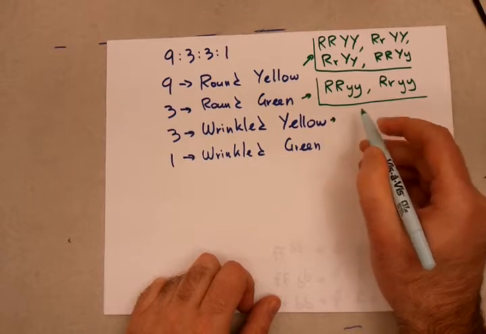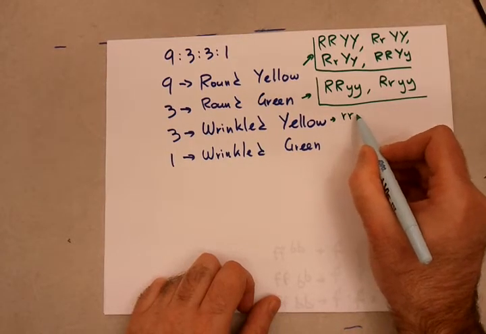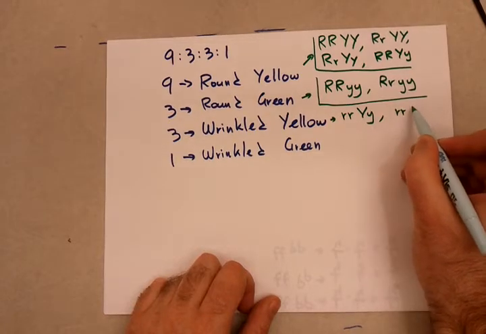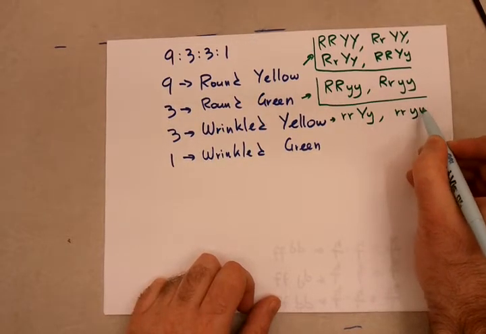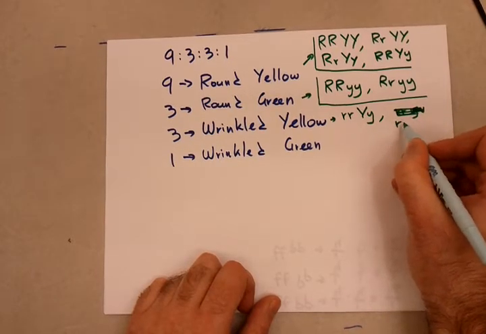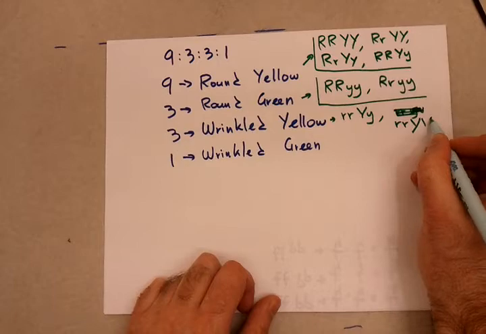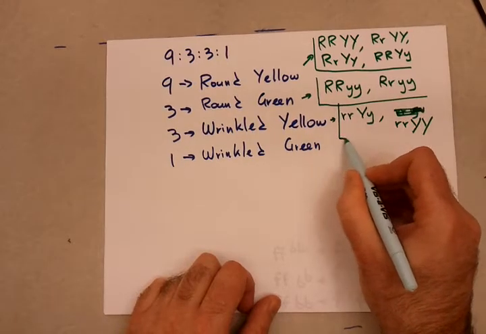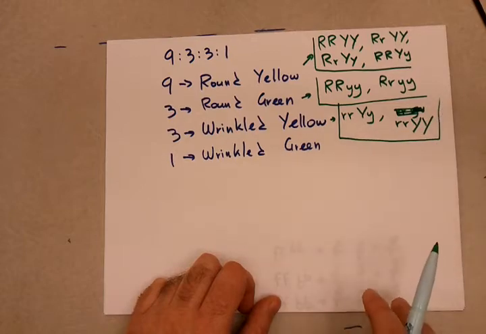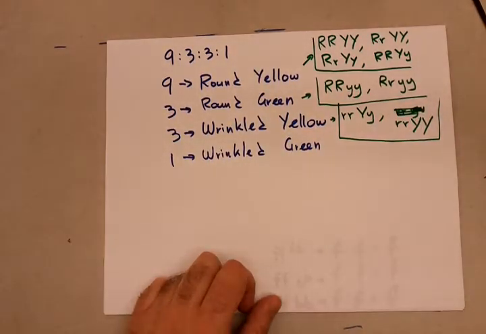For the wrinkled, you could have had little r, big Y, and little r, little y, little r, big Y. So those would be the only 2 possible genotypes that can give you wrinkled yellow.